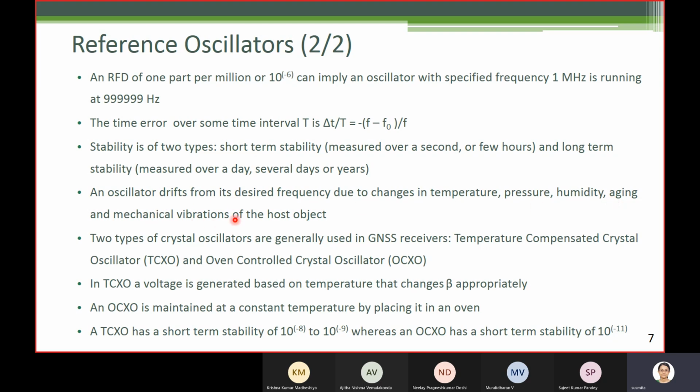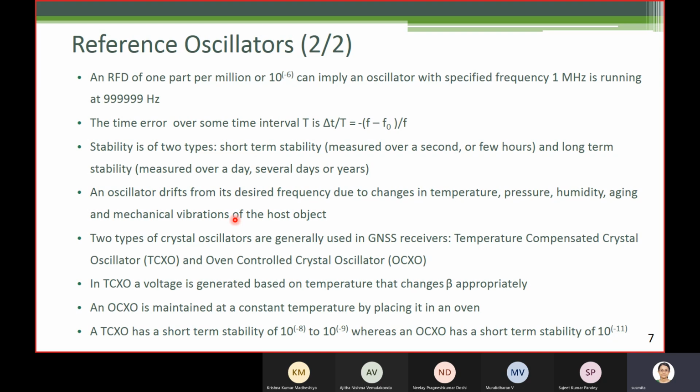Mechanical vibrations can also change the frequency of the oscillator. If the receiver is used on a vehicle, the vehicle undergoes some mechanical vibration. The oscillator will also be subjected to that, and that can change its frequency.